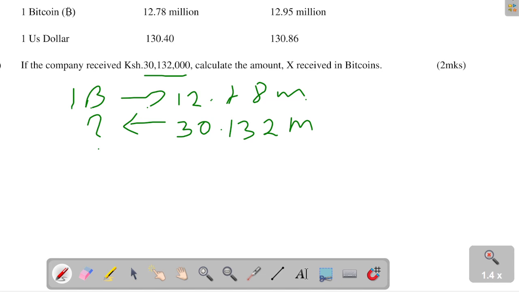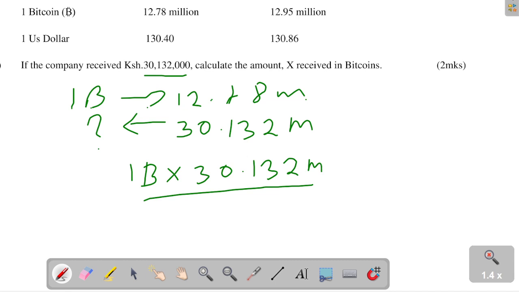So basically, the amount of bitcoins that the person came in with will be simply 1 bitcoin multiplied by 30.132, then divided by 12.78 million. Of course a million and a million will cancel there, so that the currency we have is in terms of bitcoins.